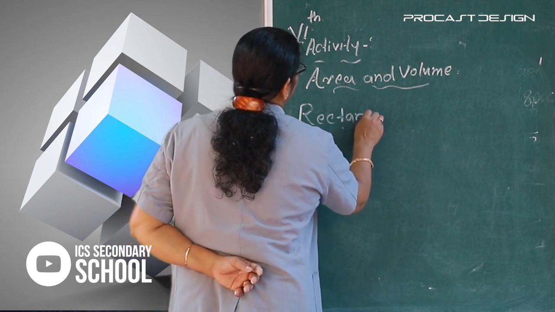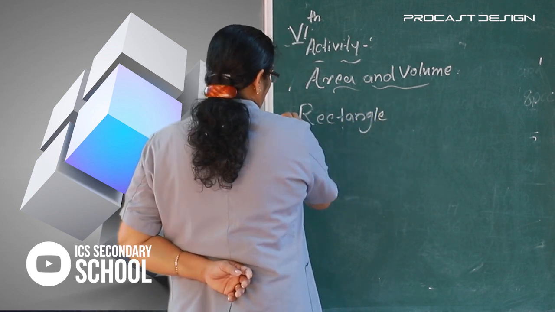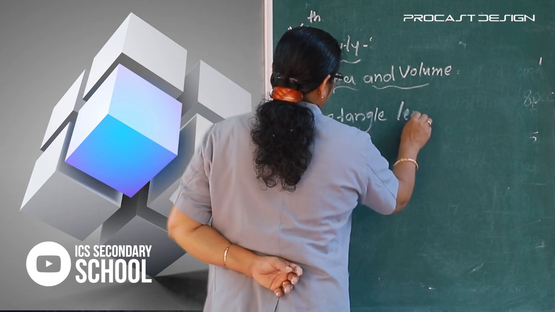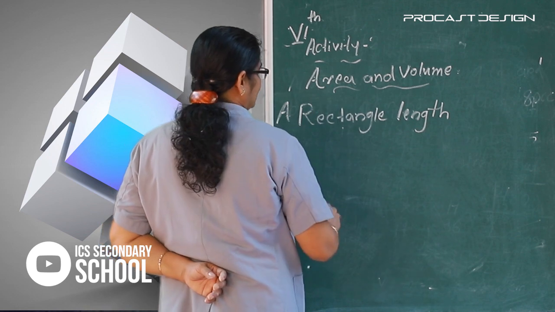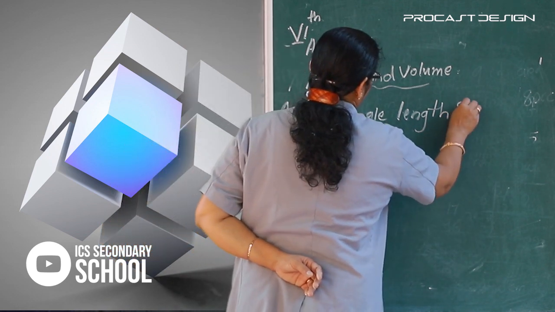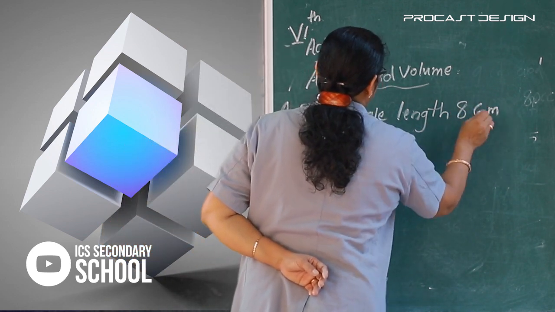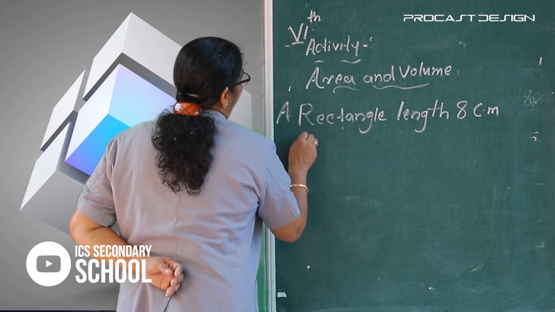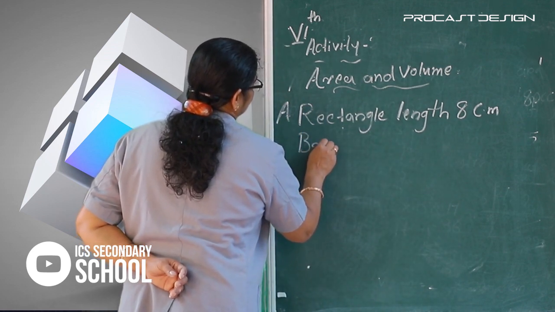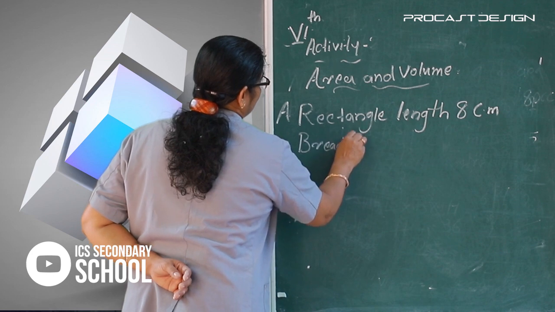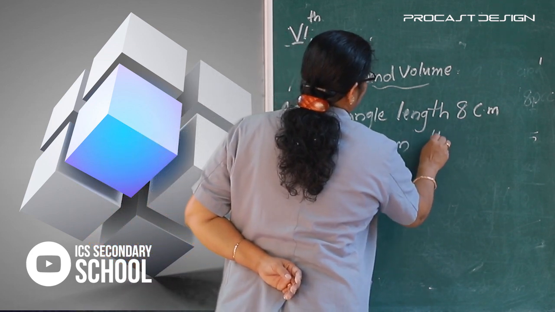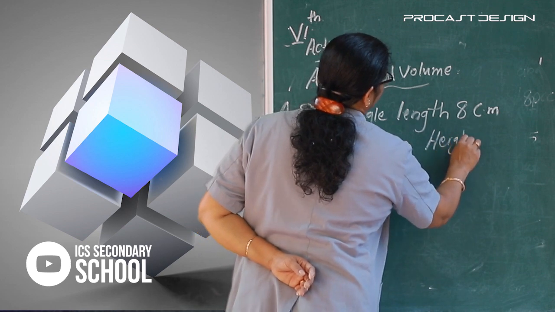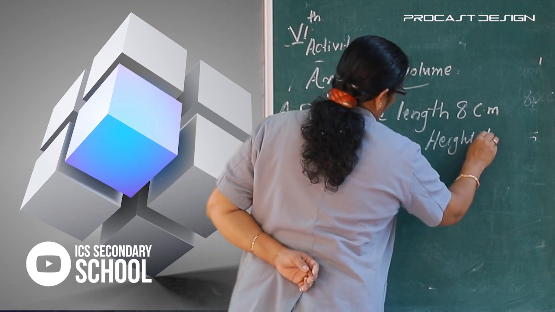A rectangle has length 8 centimeter, breadth 2 centimeter, and height 1 centimeter.